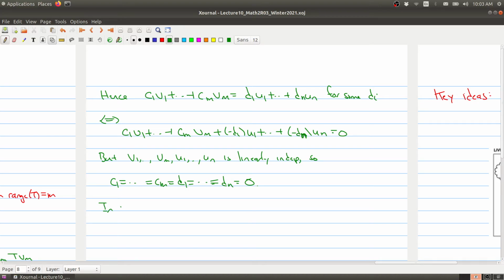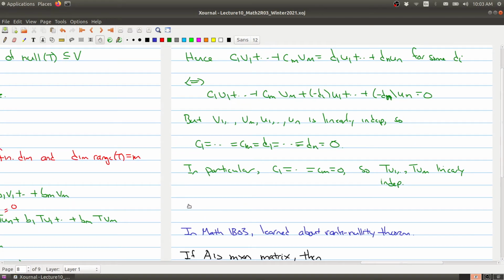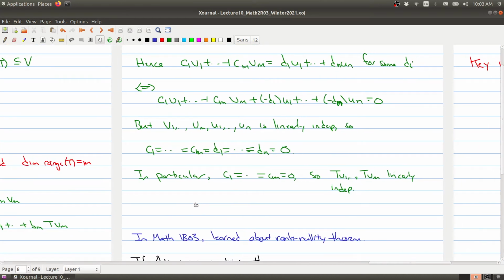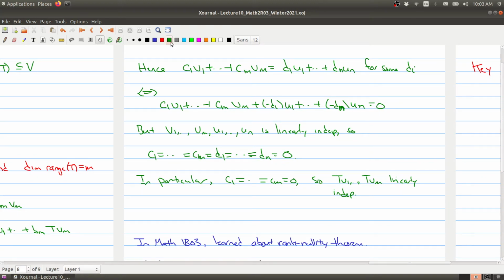So in particular, c1 up to cm is equal to 0, so Tv1 up to Tvm is linearly independent, which is what we wanted to show. Okay, so that finishes off the proof of the fundamental theorem of linear maps.